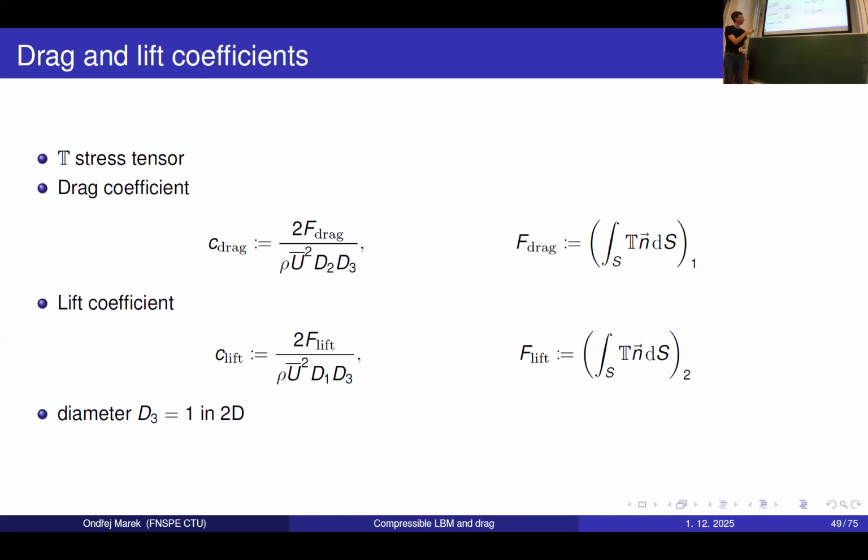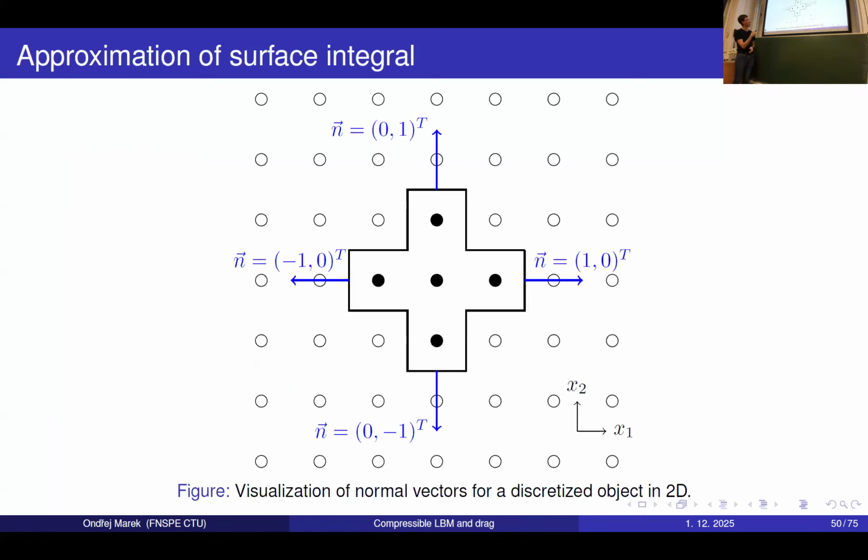And also one of the specifications, since we are in 2D, is that the third dimension is set to unit value, so set to 1 here. So in the 2D simulations we end up with the 2D case.